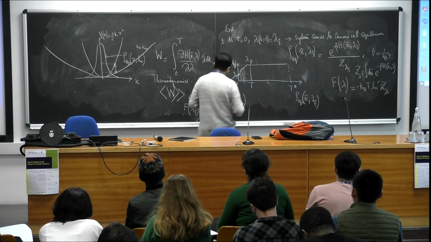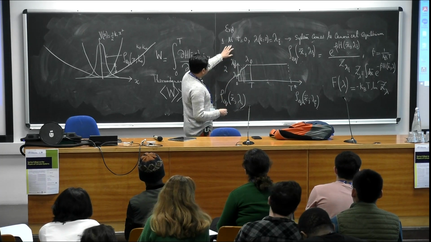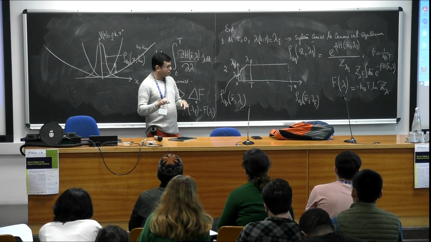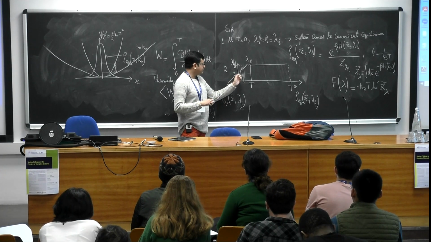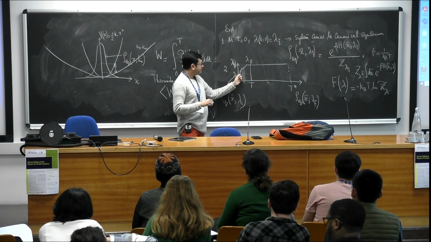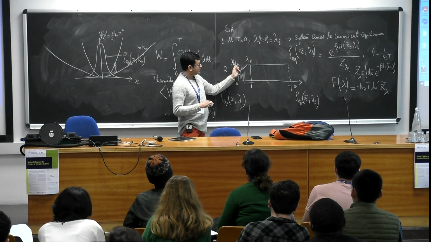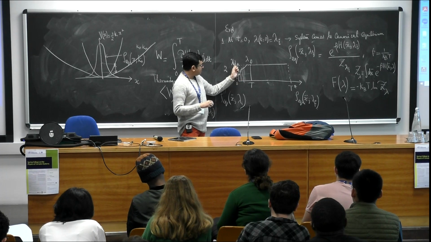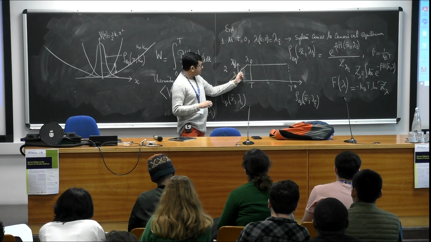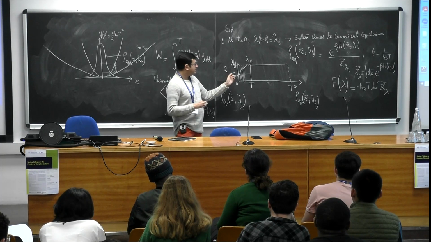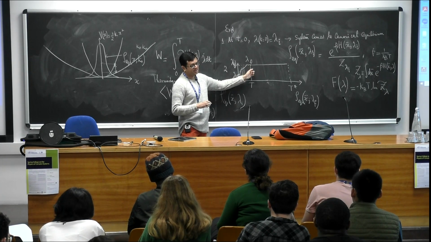So this average is the following. I do this experiment over and over again, in each of which I start the system in equilibrium and let it evolve under a time dependent lambda, and the lambda dependence in time is always the same. That is, in each experimental run, lambda always changes the same way.